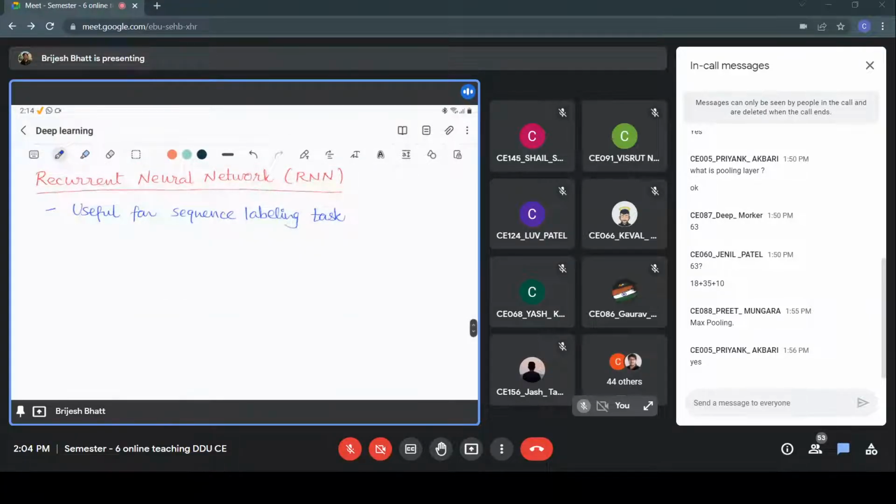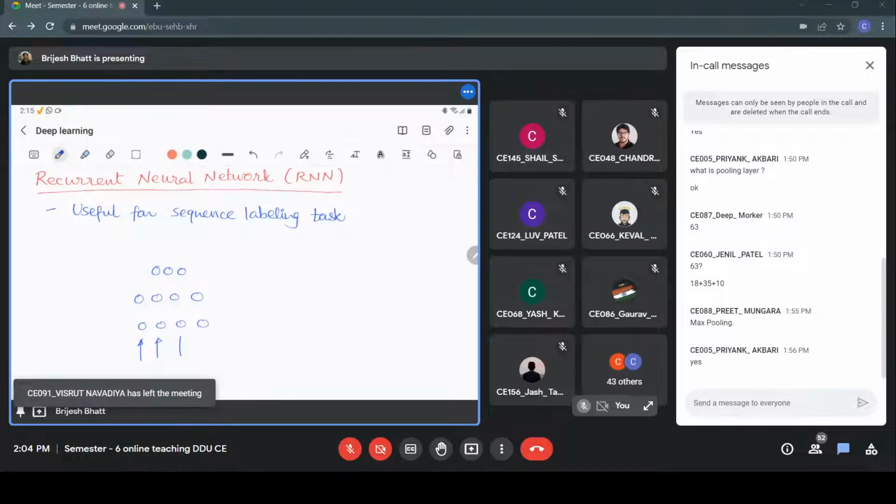First, let us say we have a traditional multi-layered feed-forward neural network, where we pass some input and get some output. That is our traditional block of multi-layered feed-forward neural network.